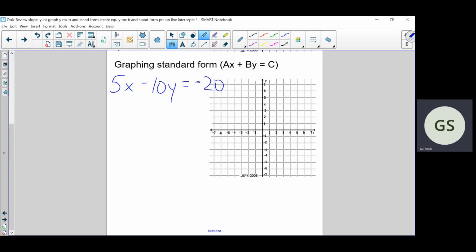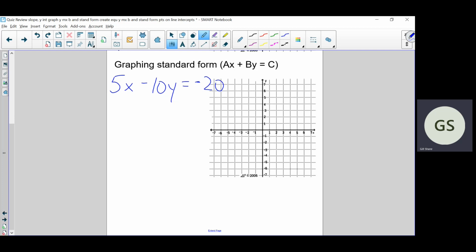We're going to say, if x was this number, what would y have to be so that we could make the left side equal the right side? We're going to start with 0 for x, because 0 makes our math really easy. That's going to allow us to put a point on the x-axis and a point on the y-axis. Those are going to be x and y intercepts.